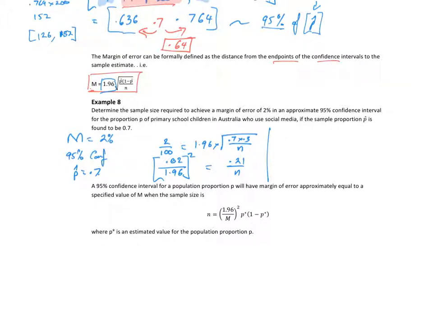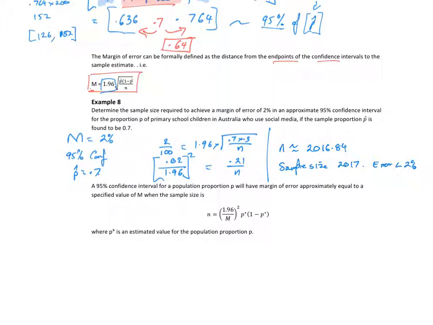If we bring all that together, that's going to give me n approximately equal to 2016.84 people. So I'm going to need a sample size of 2017 people to ensure an error of less than 10%, or did I say 10? 2%.